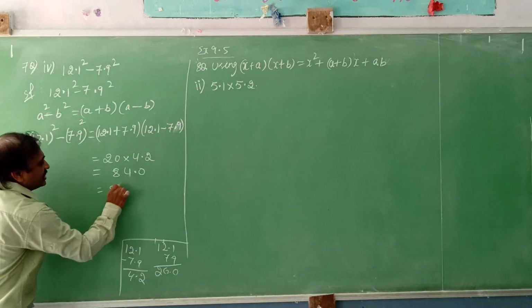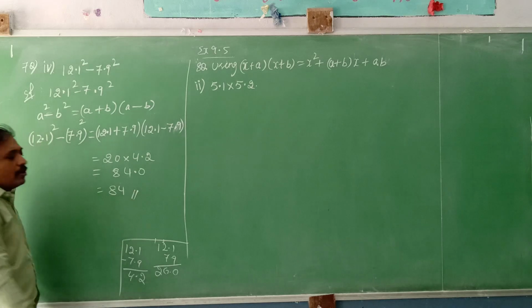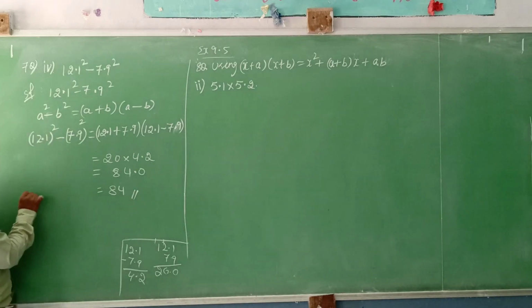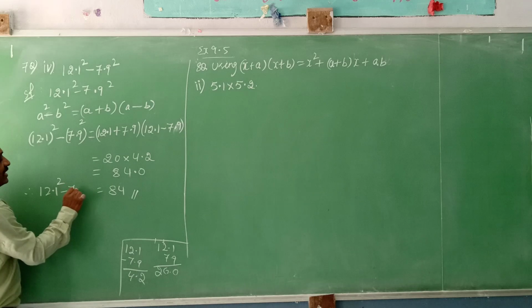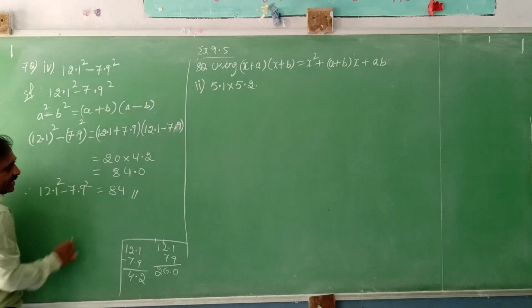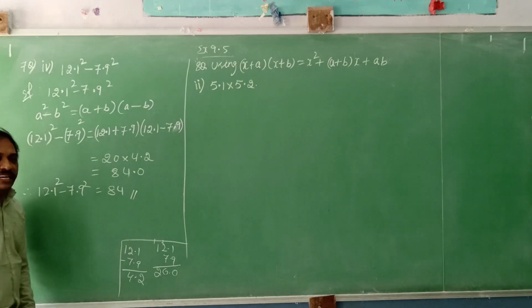So 84.0, which is equal to 84. Therefore, 12.1 square minus 7.9 square is equal to 84.